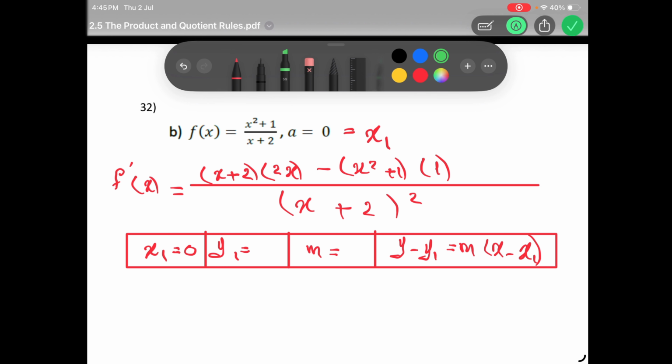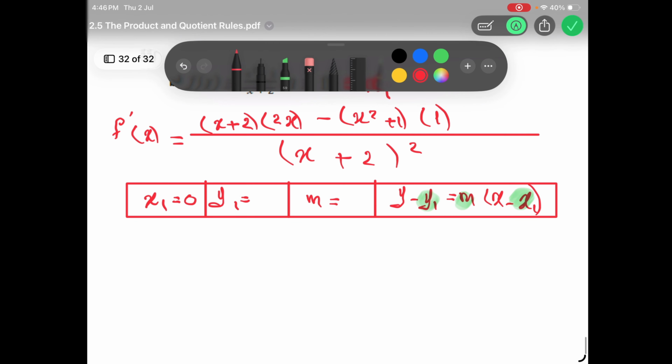Remember that I will replace these by their values. Okay, so the point is how to find y1. y1 is the image of x1, so it's f of x1, which means f of 0.